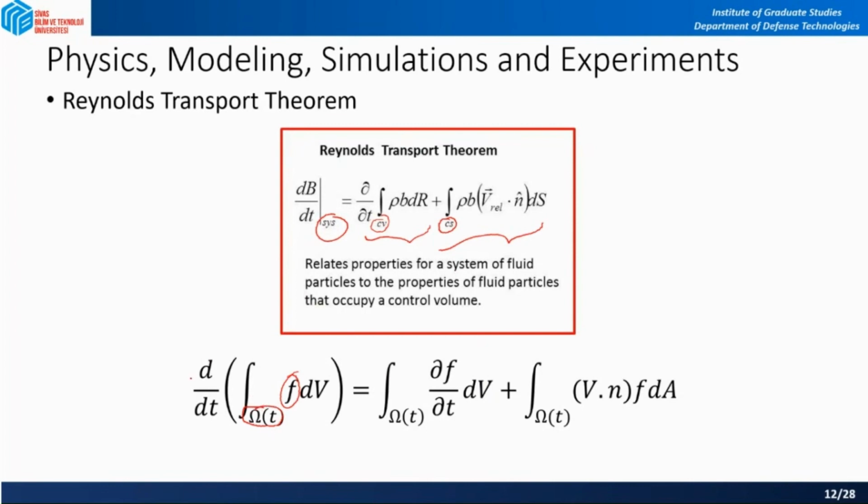So the time rate of change of such a system is actually equal to the time rate of change of the control volume plus the variation of the fluxes on the control surfaces of this control volume. We know it as the Reynolds transport theorem.